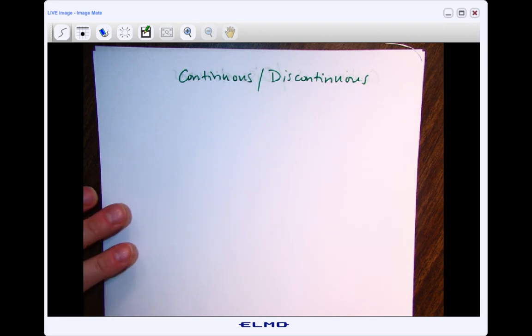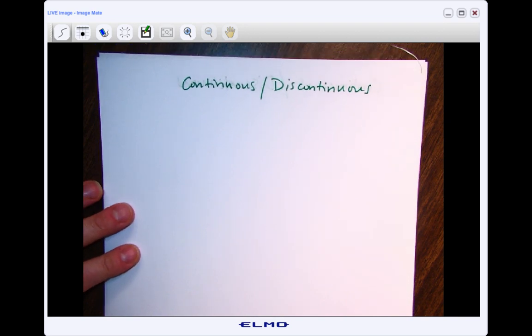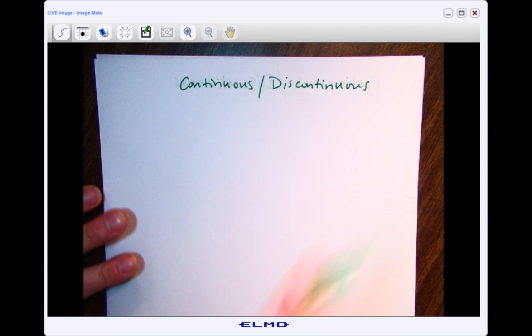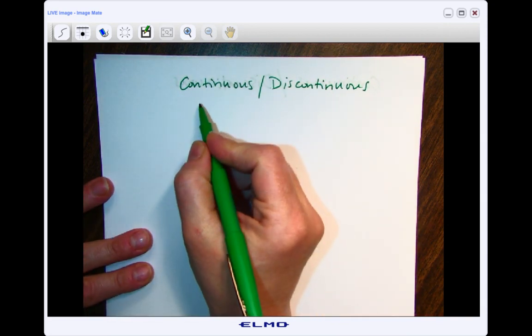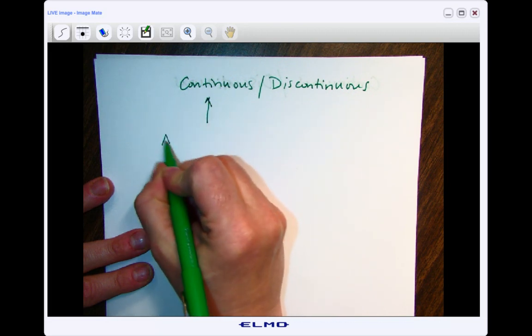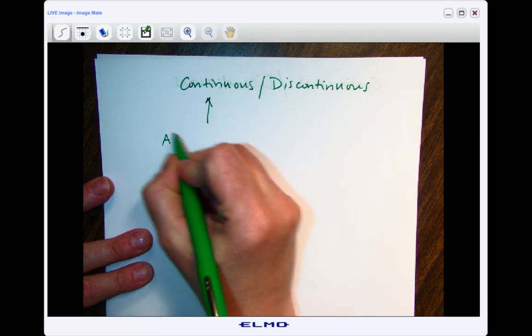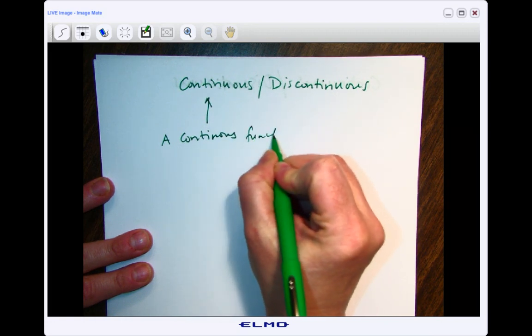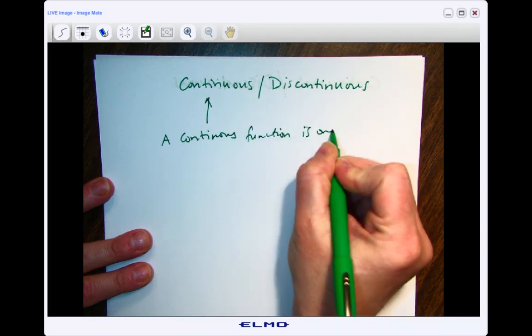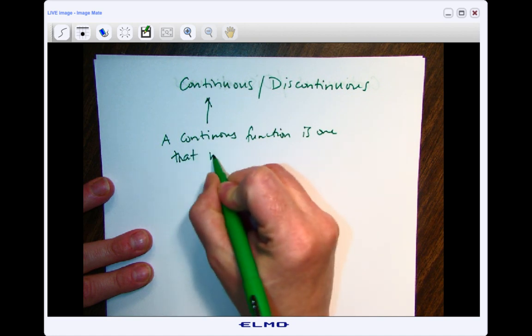Later on, when you get to calculus, they'll have a big formal definition of all of that. But for right now, when we talk about continuous, we're talking about a function. A continuous function is one that has no breaks in it, I guess you could say.